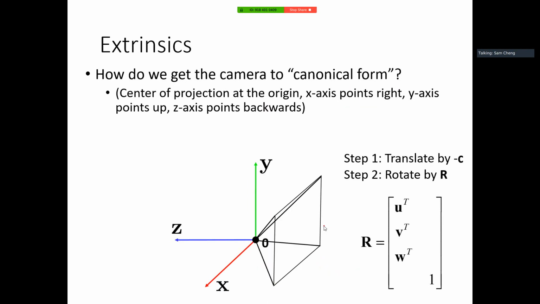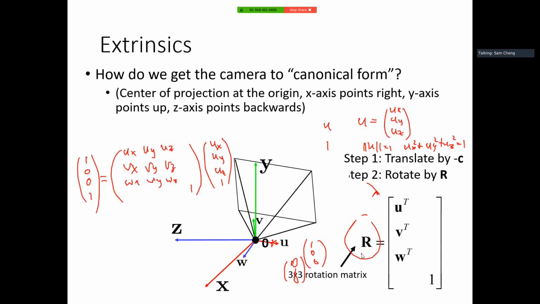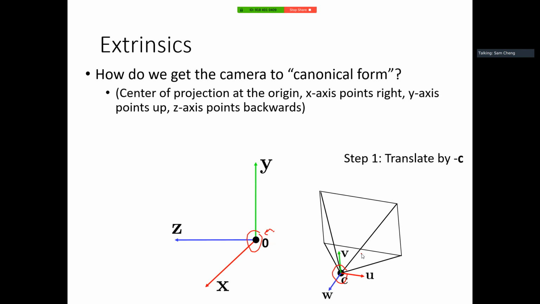So again, we have this rotation matrix. The goal is that we have these two coordinates here: one is this camera coordinate, one is this world coordinate. We need to make sure these two coordinates align with each other. That's the job for this extrinsic camera matrix here.